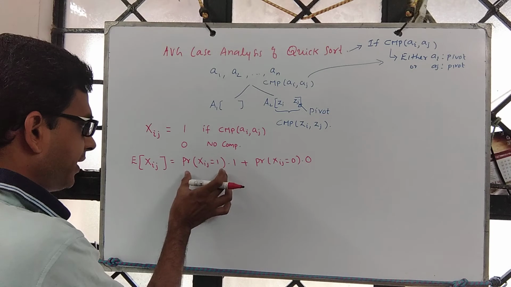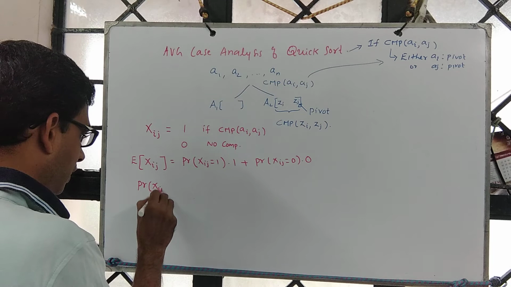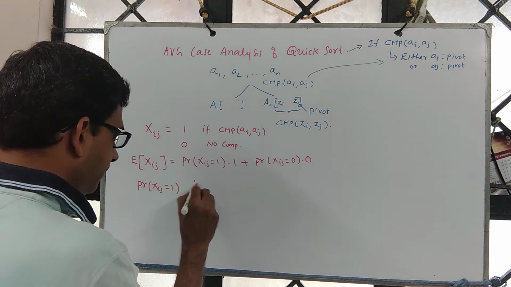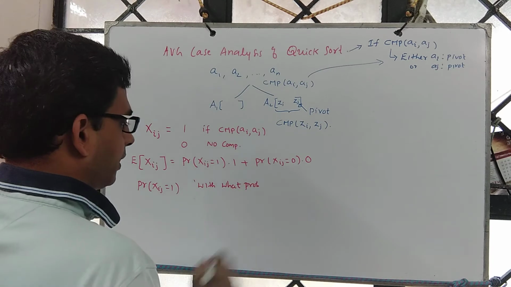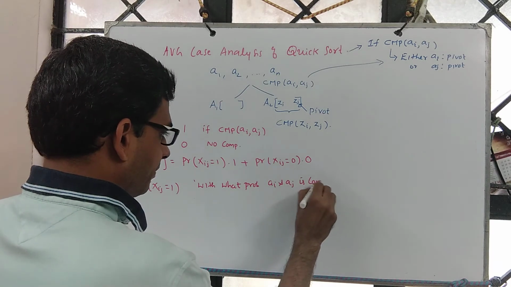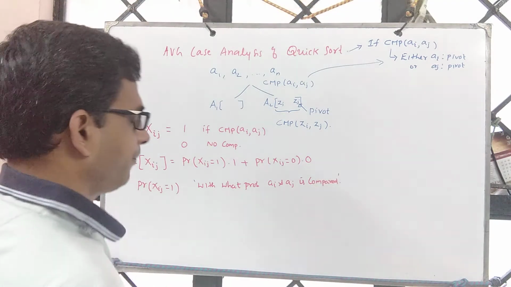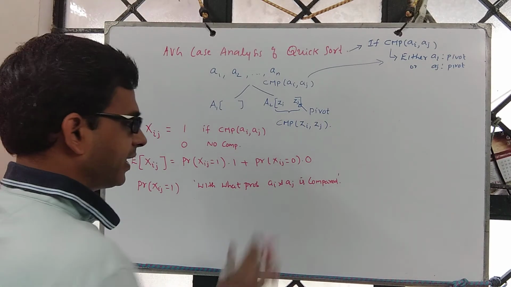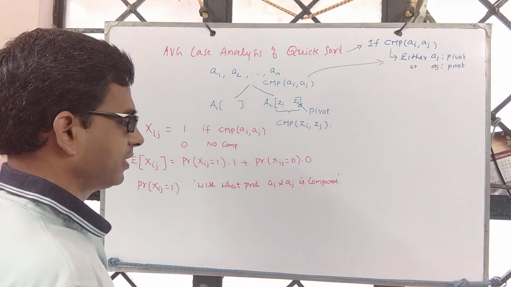Now, what is the probability that Xij takes 1? What does that mean? With what probability are Ai and Aj compared? Correct? So you can look at it this way. They will be part of some subarray, right? They are part of some subarray, which is why there is a comparison taking place.